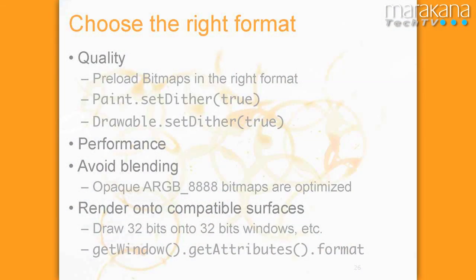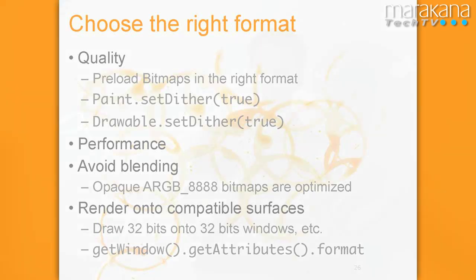So we have those 4 different formats. You should always try to use the format that's right for you. Try to preload the bitmaps in the format that you will need at runtime, because otherwise every time we draw the bitmap we'll have to do the conversion and it can be really slow. There are 2 ways to control the quality when you draw incompatible bitmaps.